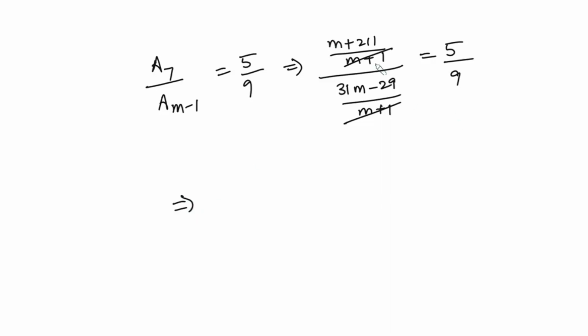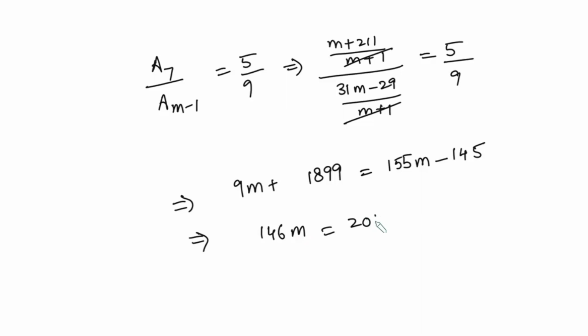If we cross multiply the remaining terms, we get 9m plus 1899 is equal to 155m minus 145, which gives us 146m is equal to 2044. Simplifying which, we get m equals 14.